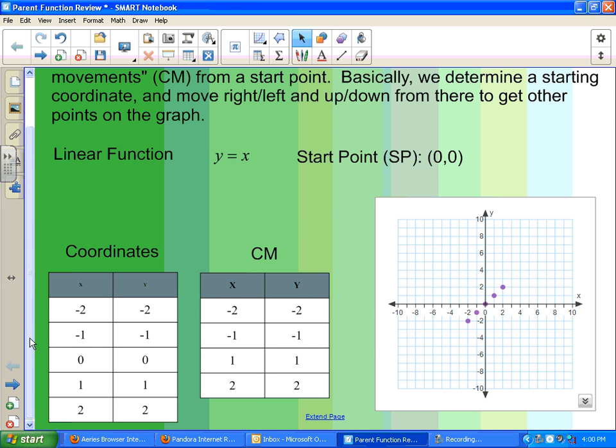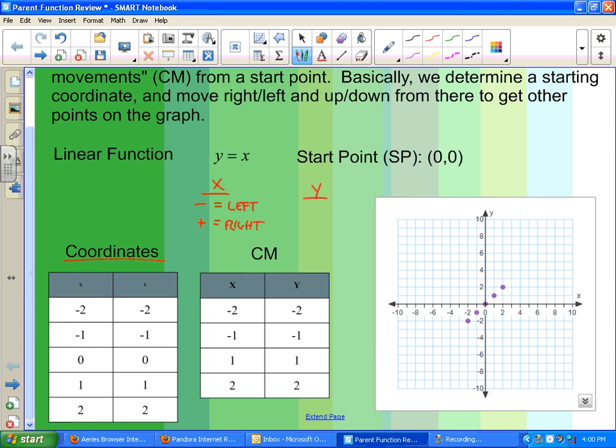So on the left-hand side here, we have coordinates. And those coordinates, we're going to think of them as critical movements. For the x values, a negative is equal to a left movement. A positive is equal to a right movement.